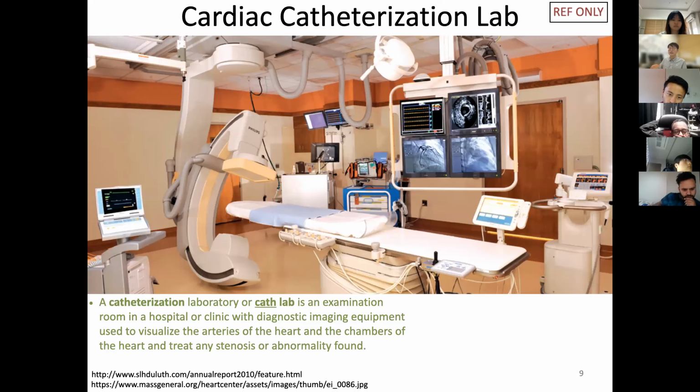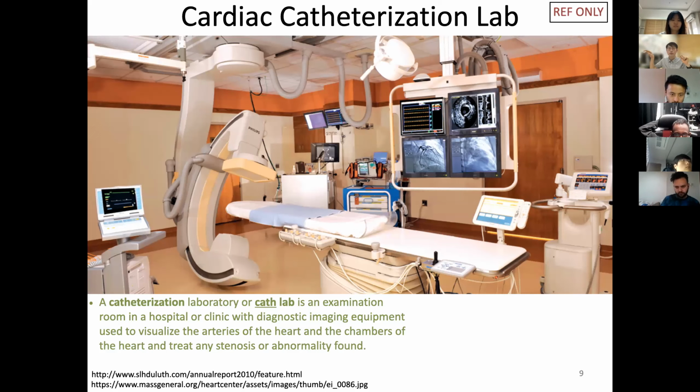You can see there is a bed for the patient, and this circular, rotating piece, because you get the angle and then shine X-rays to take an image of the blood vessel first, since you are suspecting a narrowing of the blood vessels, especially the coronary arteries.